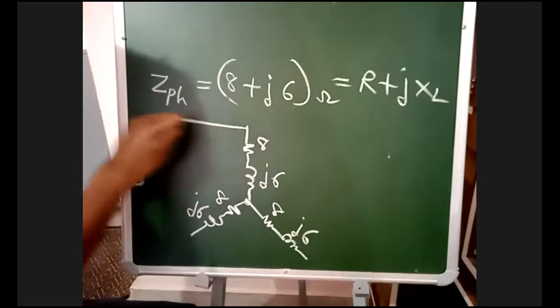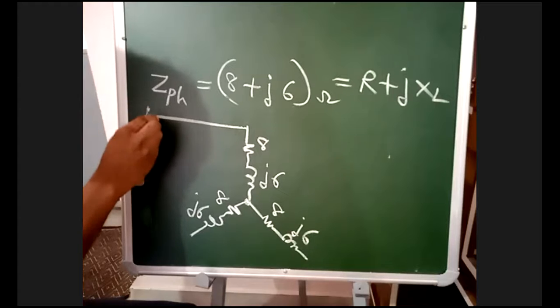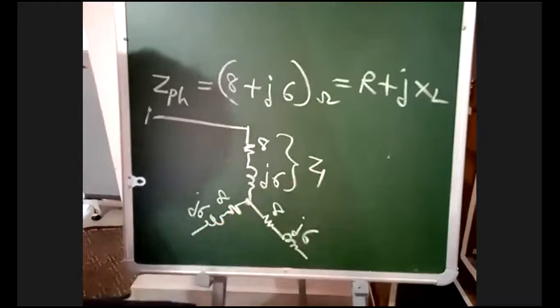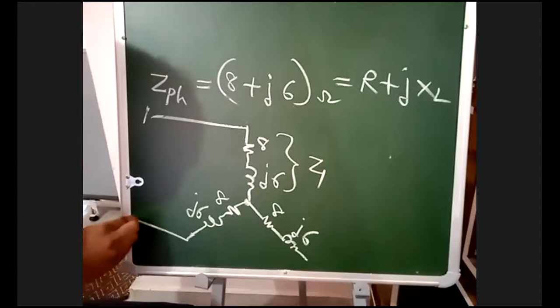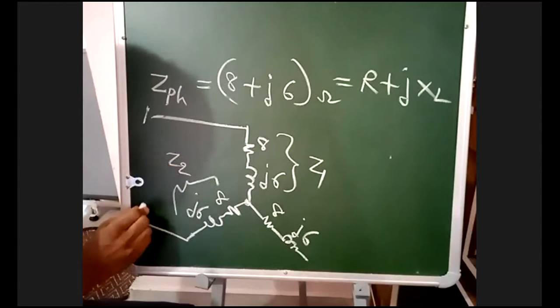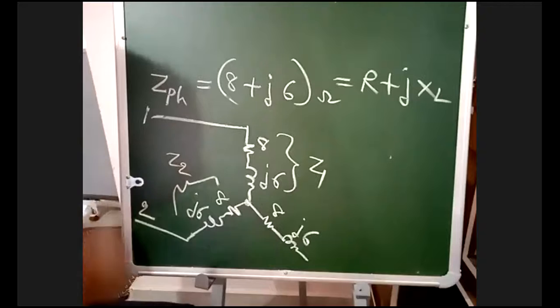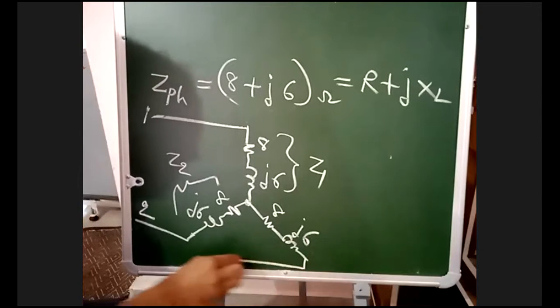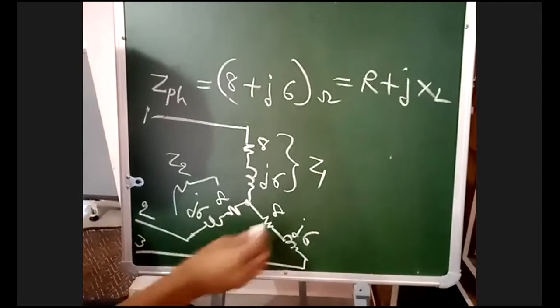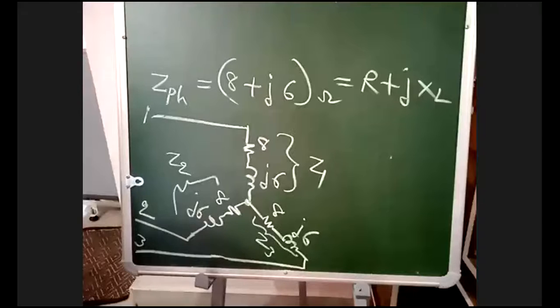Let us take, this is the first phase, phase 1. This is Z1 and this will be Z2, phase 2. This is your phase 3, this is your Z3.